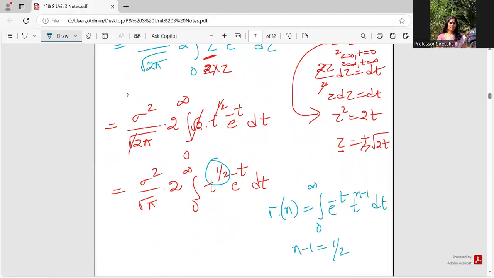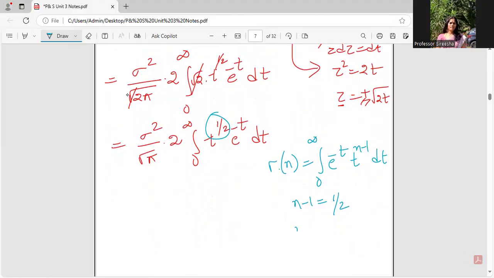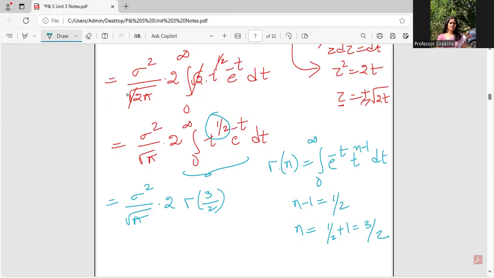I have 1 by 2 here. So what would be my n? n would be 1 by 2 plus 1, which is 3 by 2, guys. So I know clearly that sigma squared under root pi into 2, this integral value is gamma of 3 by 2.